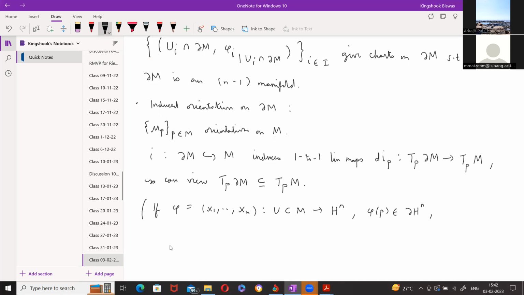So then the tangent space to the boundary will be what? Basically, this chart is mapping this part of M, this is my point p, to a point on the boundary of the upper half space.